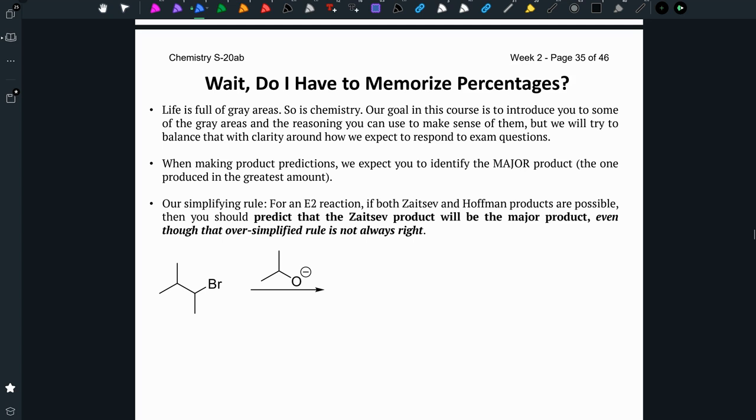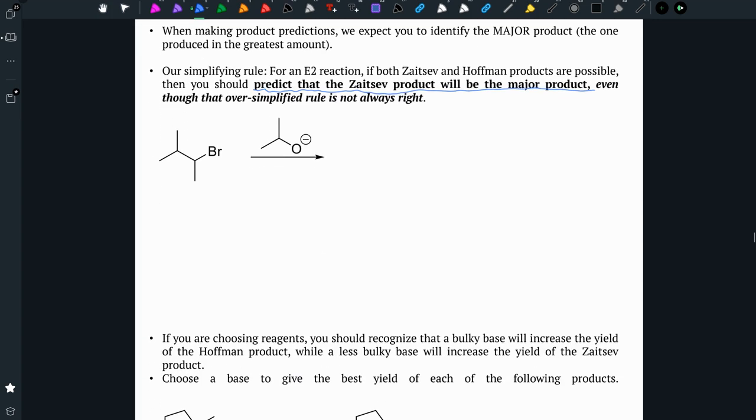In the course that I teach, I've always tried to make some simplifying rules for students. So the rule that I have tended to give is that for any E2 reaction, if there are two products possible, the Zaitsev product and the Hofmann product, predict that the Zaitsev product will be the major product, even though that's not always true. So I give an example here where I could remove one of these hydrogens, or I could remove this hydrogen over here.